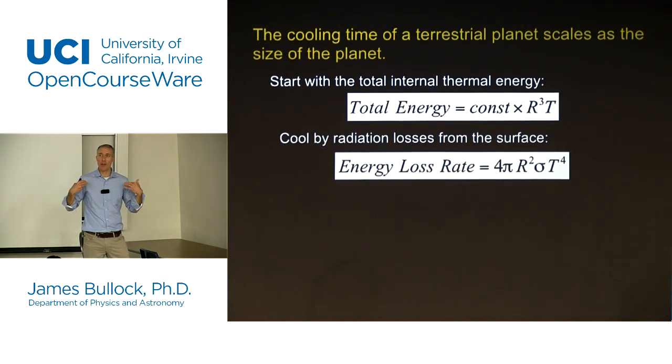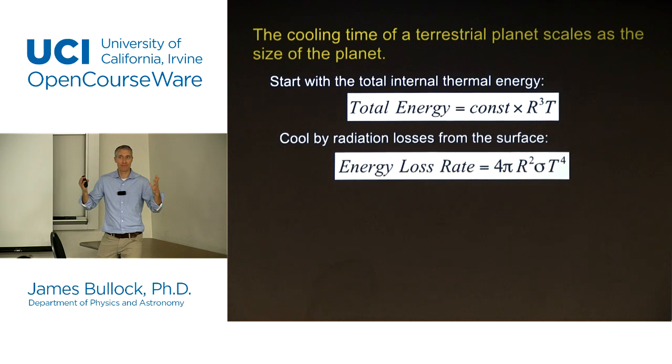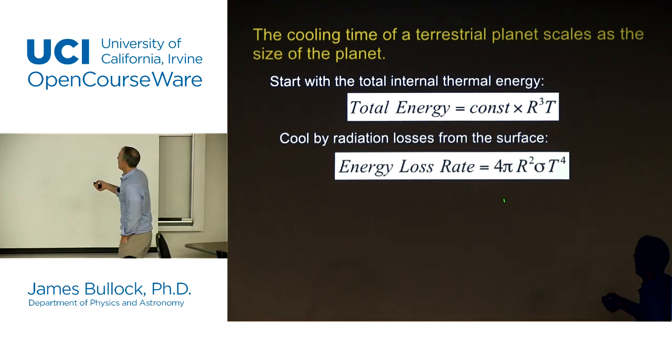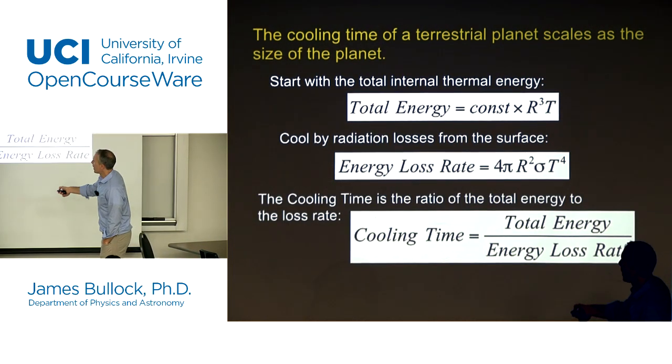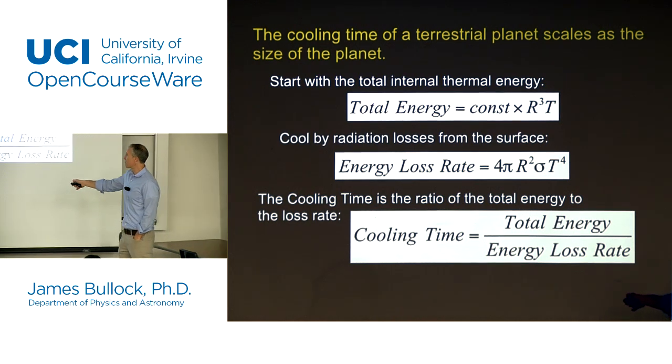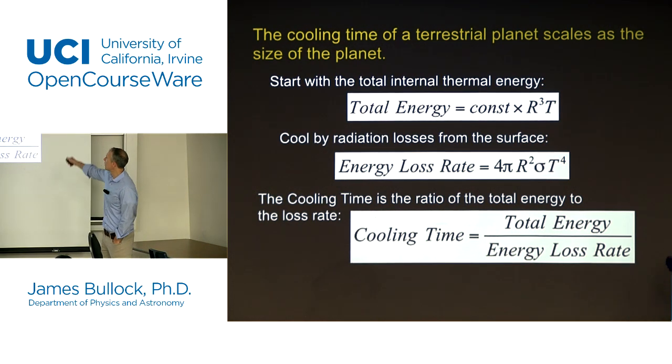The more surface area you have relative to your volume, the more energy you're leaking out per unit volume. Now finally, if you figure out the cooling time, take a ratio of the total energy to the energy loss rate, that's roughly how long it ought to take you to lose all your heat.